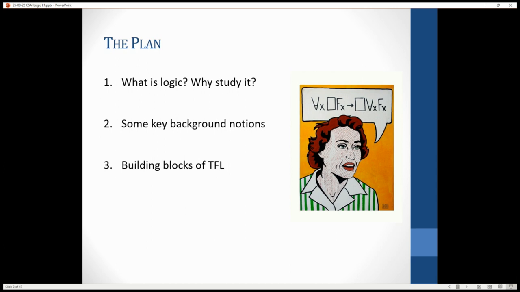And then we'll start in on learning our first formal language, which we're going to call truth functional logic. It's also sometimes called sentential or propositional logic. We'll just make the first few steps along the pathway. So that's the plan for today. I expect we might use the whole time. We'll see how it goes.